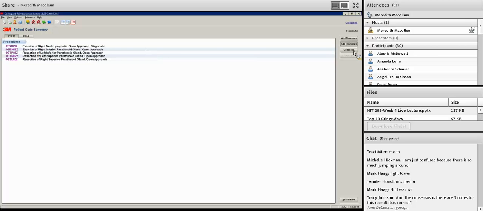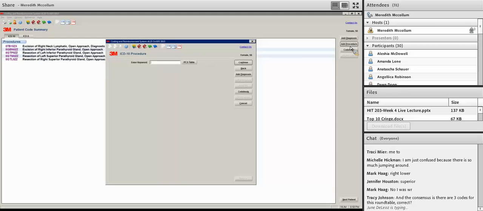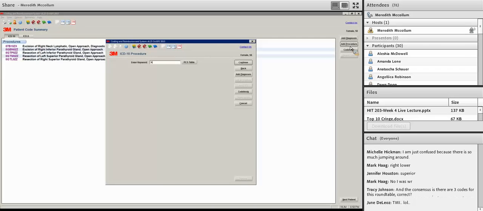If they're going to strictly say that there's strictly 3 codes, then what you'll do is resection, and instead of coding these last 3 codes, you'll code resection.